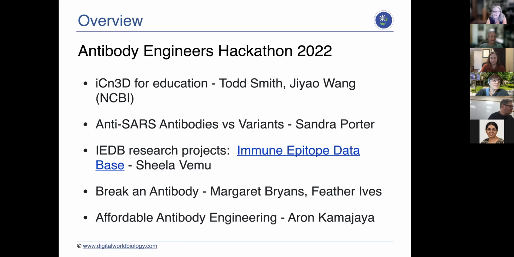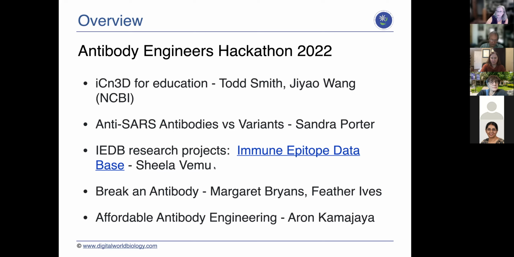So what projects did we work on? The 5 projects that we focused on for the hackathon were projects that were suggested by our advisory board. One was working on iCn3D for education, and this was led by Todd Smith, and Jiao also helped out with this. Another was looking at whether or not anti-SARS-CoV-2 antibodies would work against different variants.